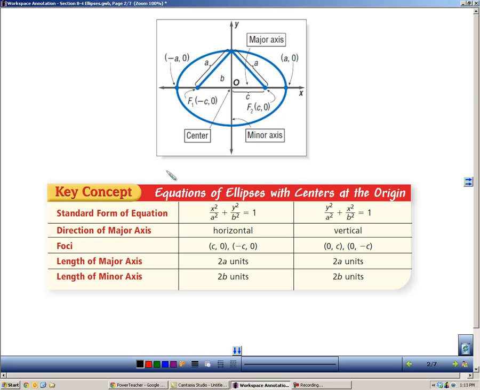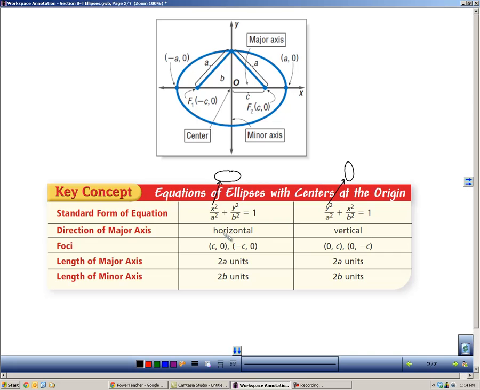And then this key concept down below fills in a lot of other relationships for us. This first column is for ellipses that look like this, that are long ways left and right, while this second column is for ellipses that are long ways up and down. Notice the difference. The x squared term is in the front, so that's a left-right ellipse, and the y squared is first in this one, so that's an up and down ellipse.